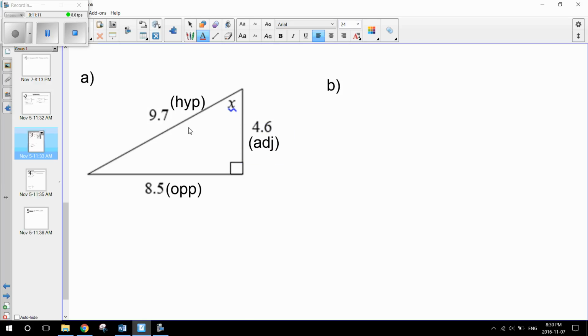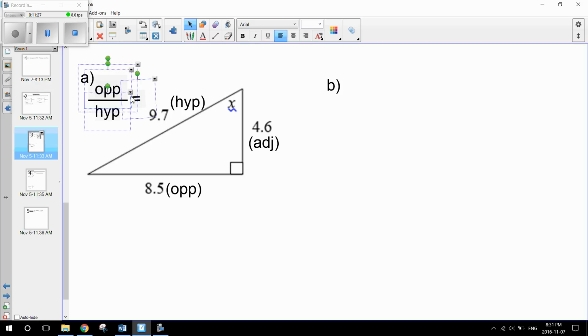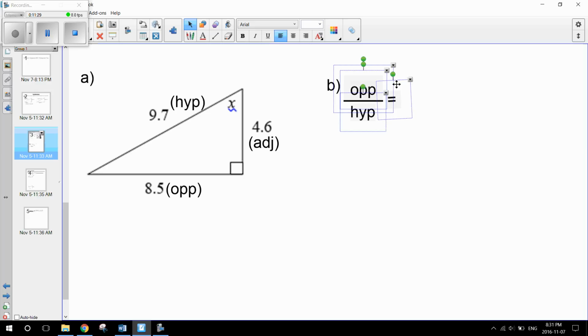Now that we've labeled our hypotenuse, our opposite, and our adjacent from our angle, now we want to come up with our three different ratios. So our first one here is opposite over hypotenuse.